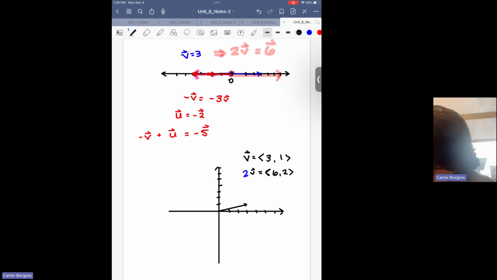And so this new vector that we would end up with is going to have the same direction as the original, but it will be twice as long. This would be our vector 2v.